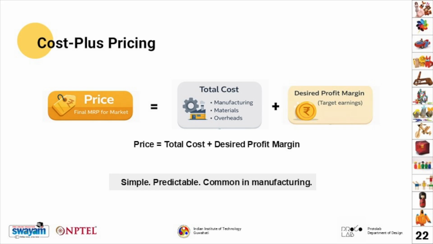For example, if your total cost per unit is rupees 400 and you want a 25% margin, you price the product at rupees 500 before distribution and retail margins. This method is simple and predictable. It ensures you recover cost and secure profit.